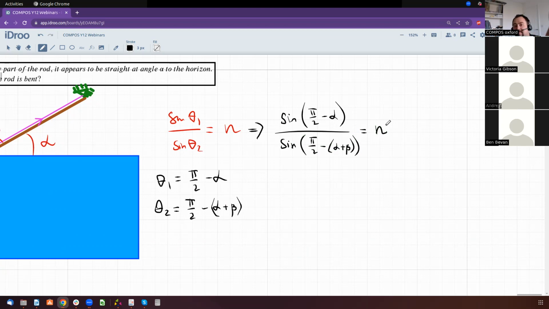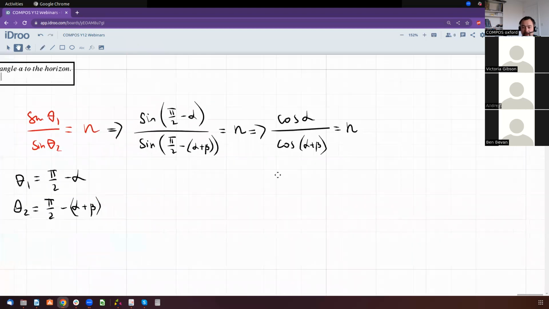Somebody help me. Maths assignment 2. Cos alpha. Well done. So from here, you can say cos alpha, and here this is cos of alpha plus beta. Cos alpha over cos of alpha plus beta equals n.